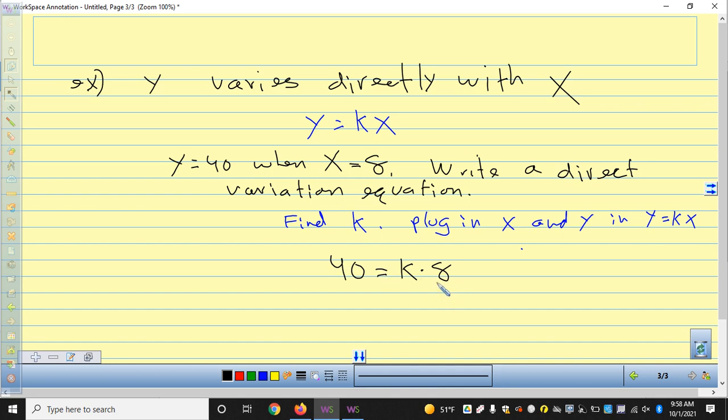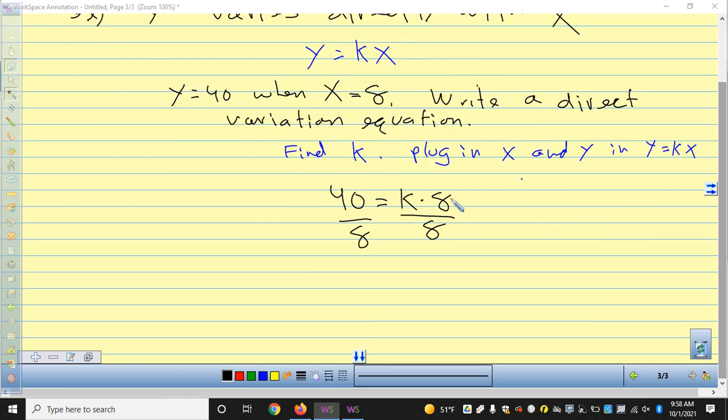Well, how do we get k by itself? How do we solve for k? Yeah? You divide both sides by 8. Divide both sides by 8. These go away, and I get k equals 40 divided by 8 is 5. K equals 5.